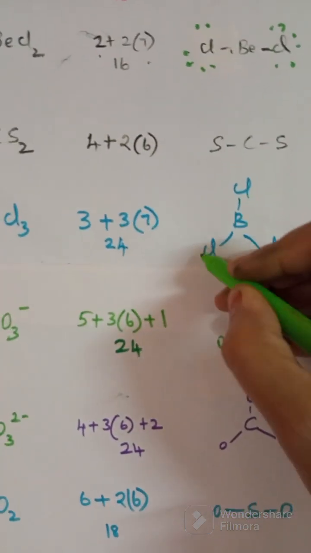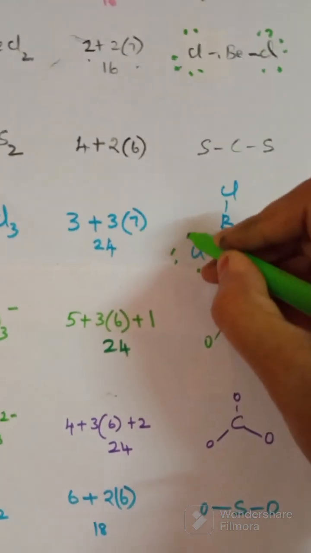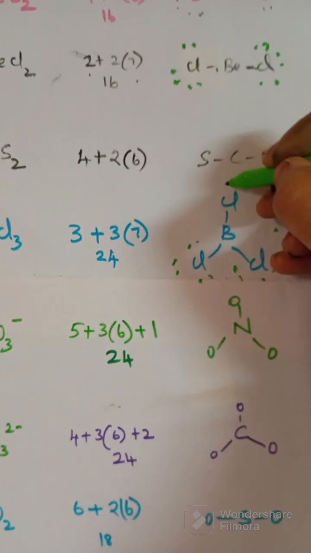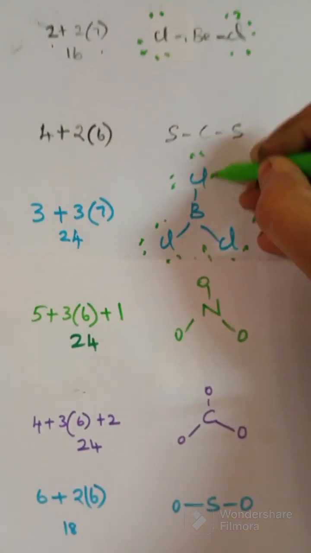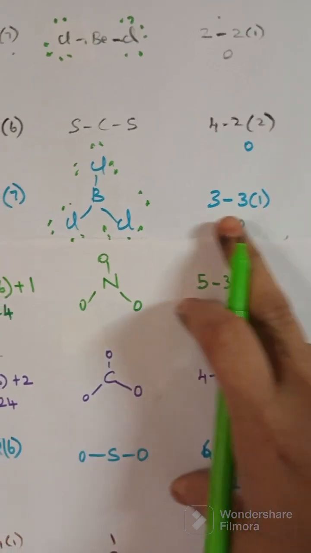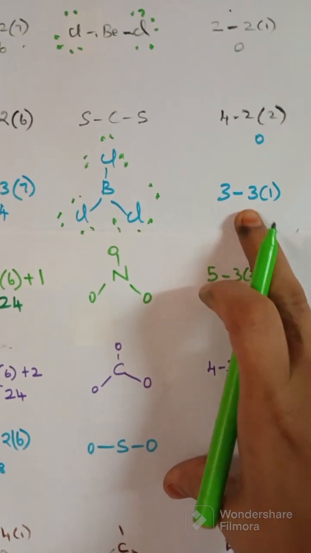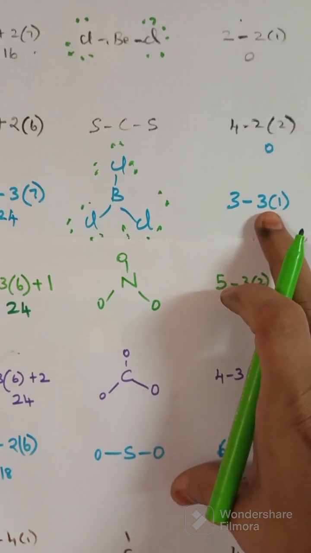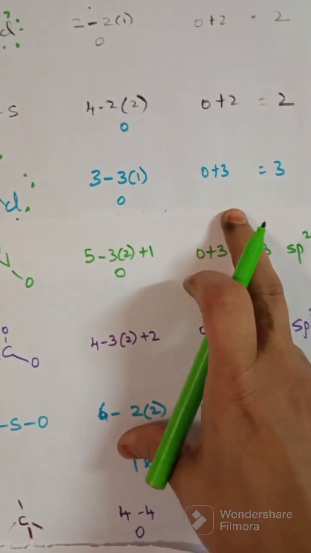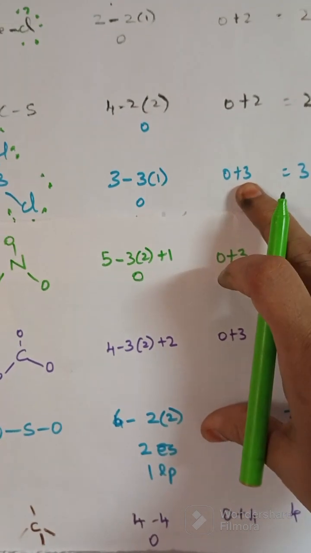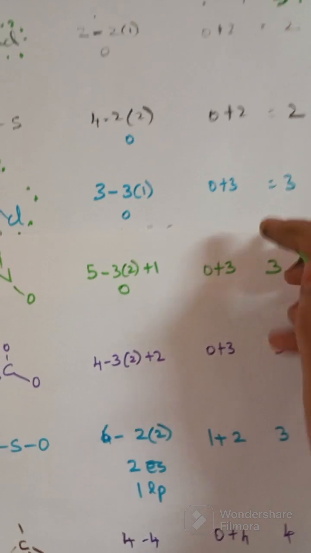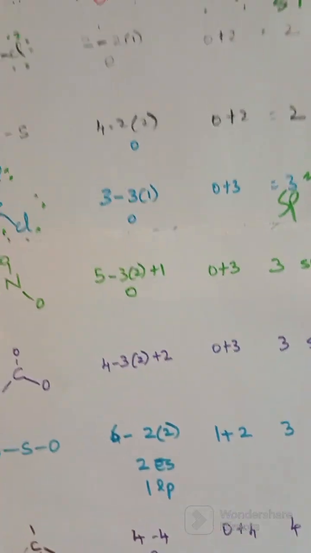So you have 2, 4, 6, 8, 10, 12, 14, 16, 18, 20, 22, 24. To find the lone electrons, group number of the central atom minus surrounding atoms into the valency of the surrounding atom. So 0, so there are no lone pairs. To find the hybridization, lone pairs plus the surrounding atoms, 3. 3 stands for sp2 hybridization.